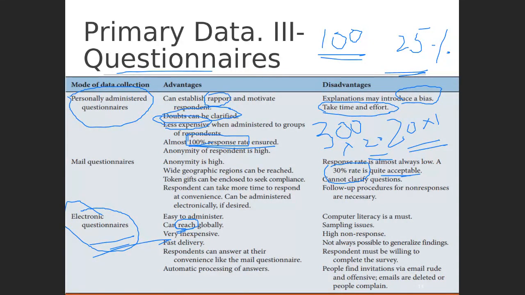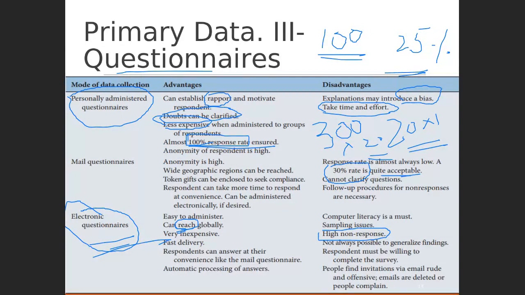Okay, so there are some difficulties as well. The most important problem in electronic questionnaires is the response rate, and it is a very problematic issue because it can directly impact the representativeness of the sample.